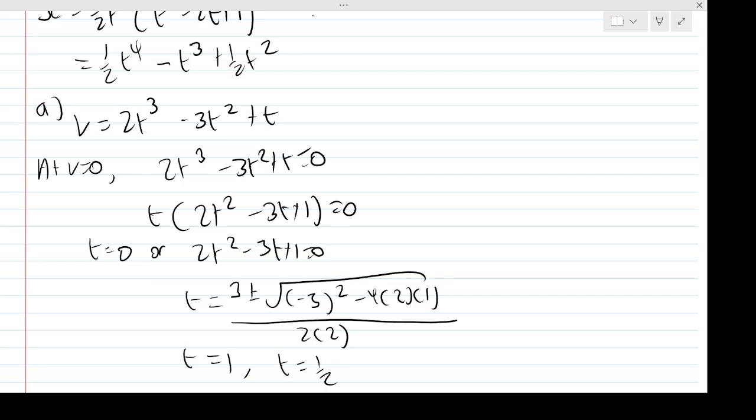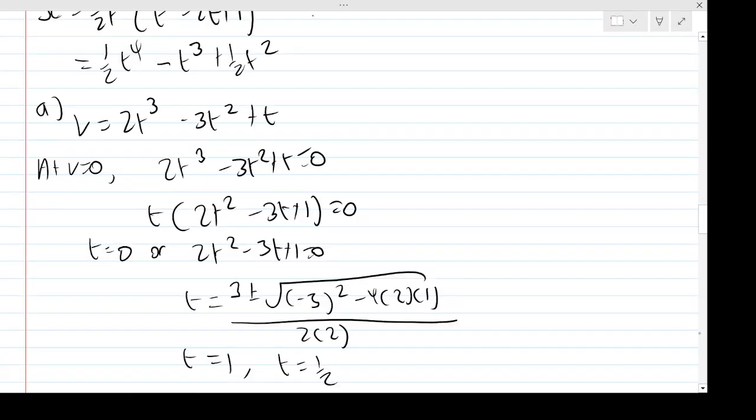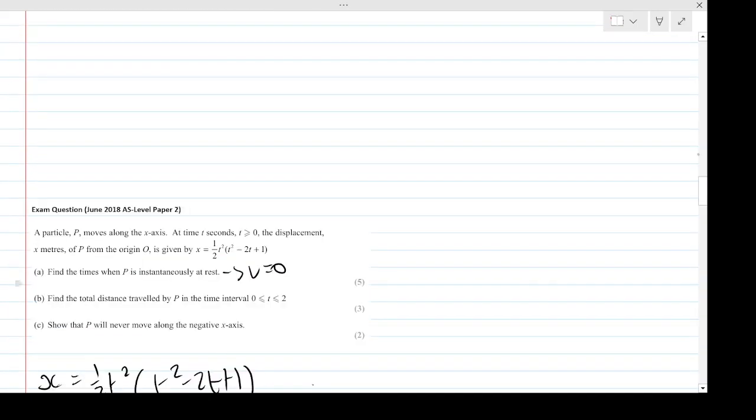Okay, so these two make sense. So we've got these 3 times: t is 0, or t is 1, or t is a half. And we're given t is greater than or equal to 0, so all 3 of those solutions make sense.